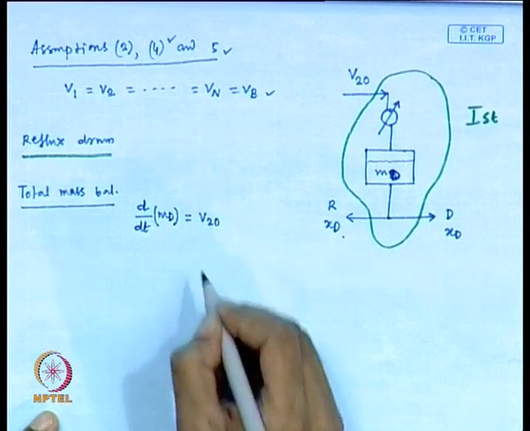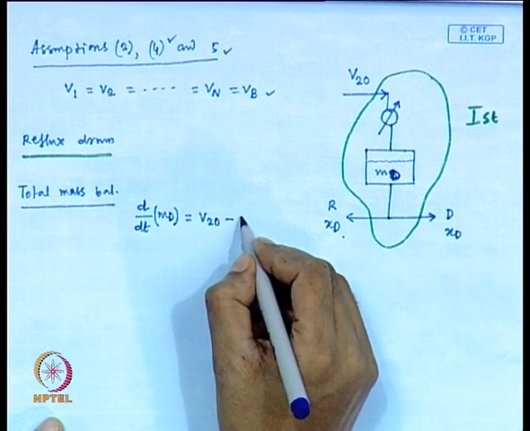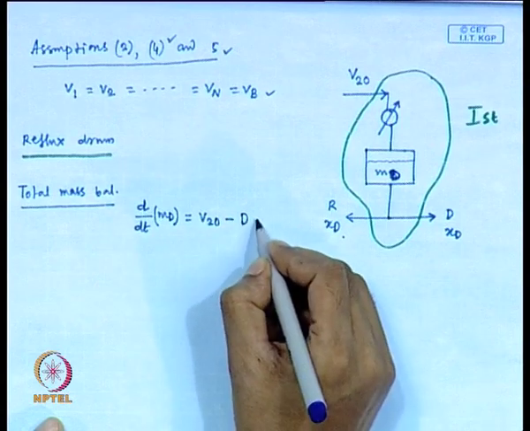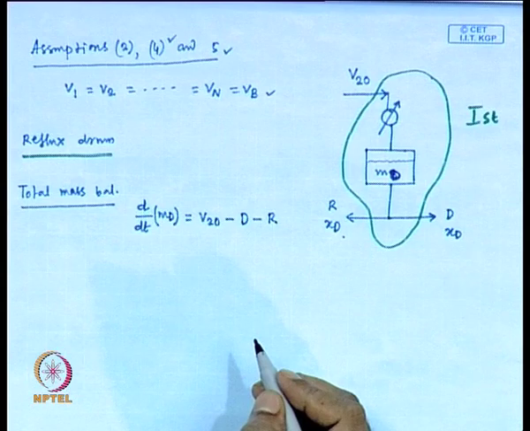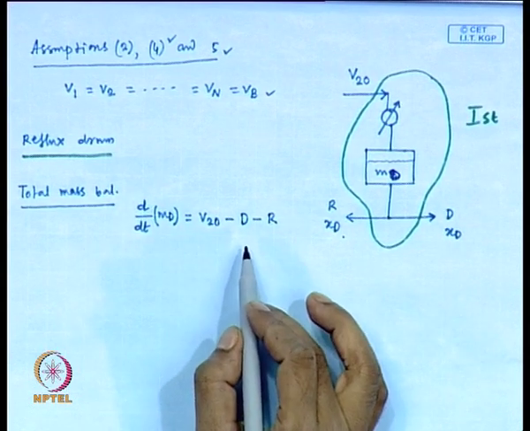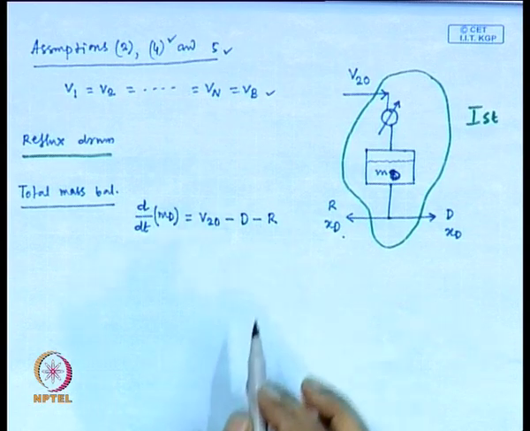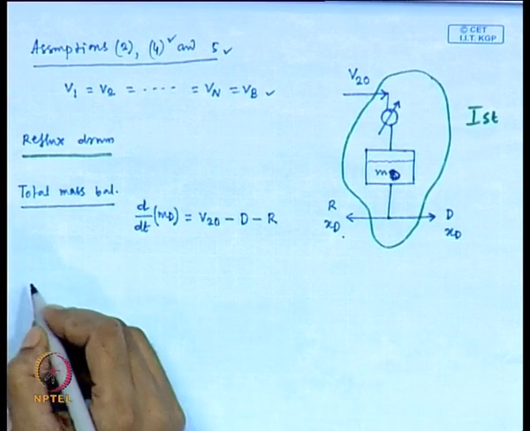V20 is the input to this envelope. What are the outputs? One is D and the second one is R. So, dMD/dt equals V20 minus D minus R. This is the total mass balance equation for this first envelope.